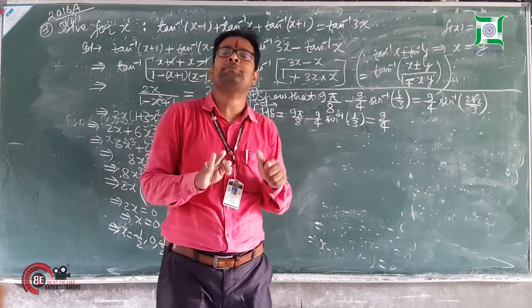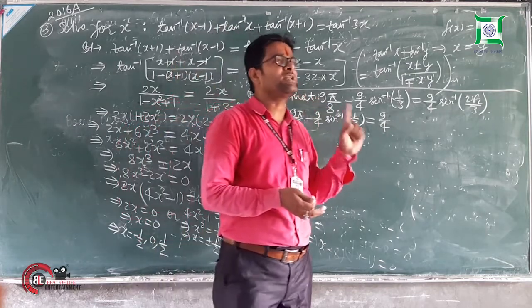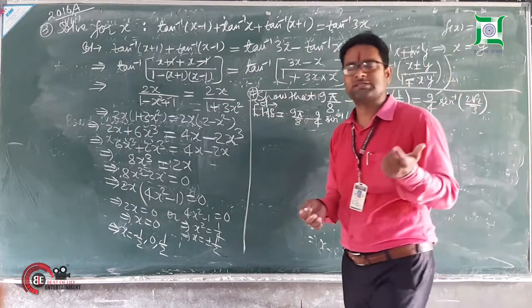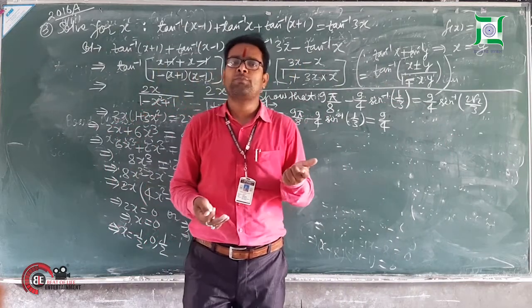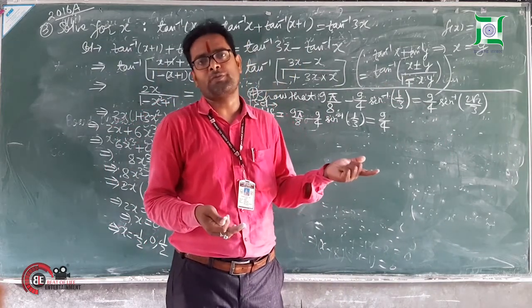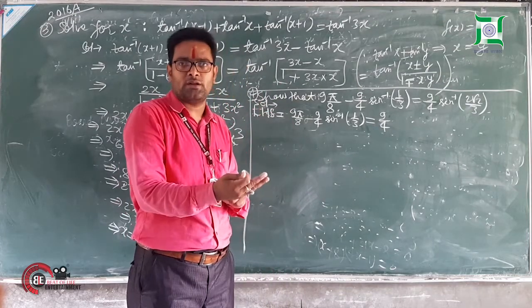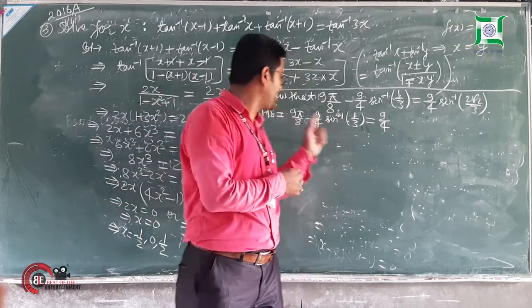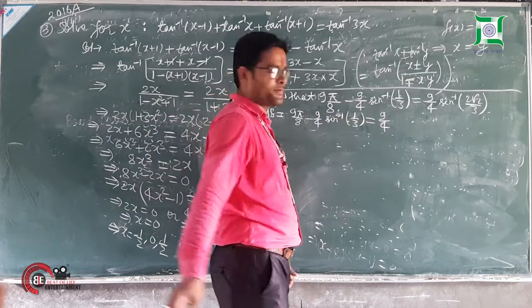My purpose here is to make it pi by 2, because sine inverse x plus cos inverse x is equal to pi by 2, tan inverse x plus cot inverse x is equal to pi by 2, and sec inverse x plus cosec inverse x is also equal to pi by 2. So I have to convert it into the simplest form, and that's why I need the pi by 2. So I have taken 9 by 4 common.